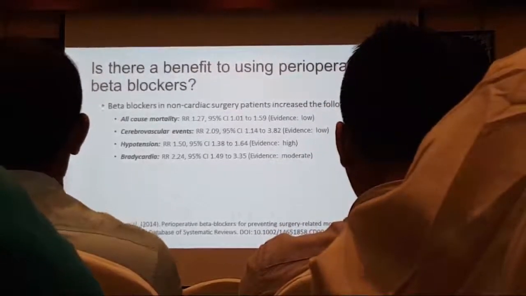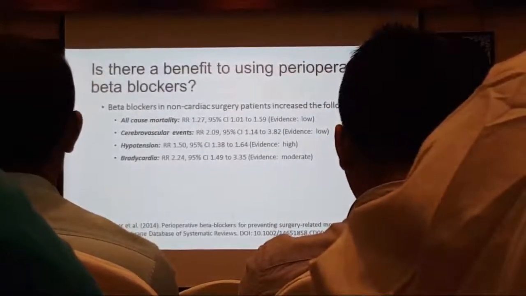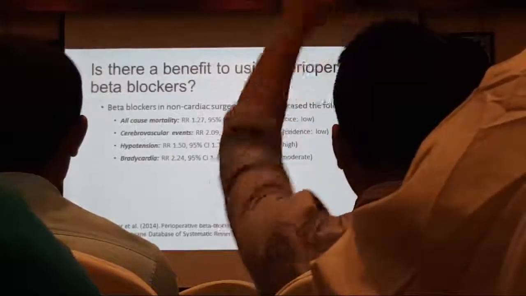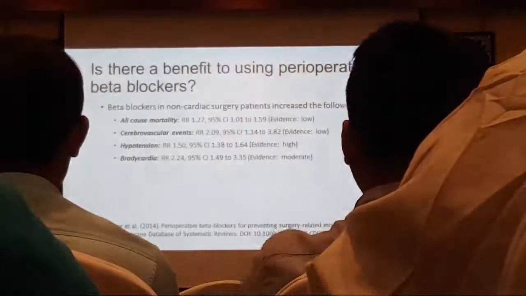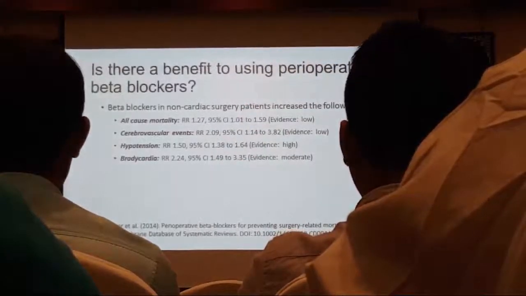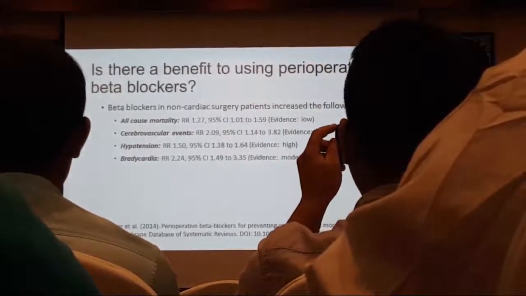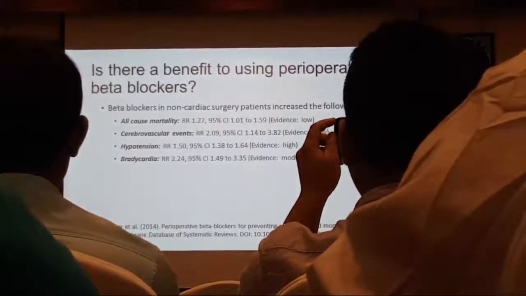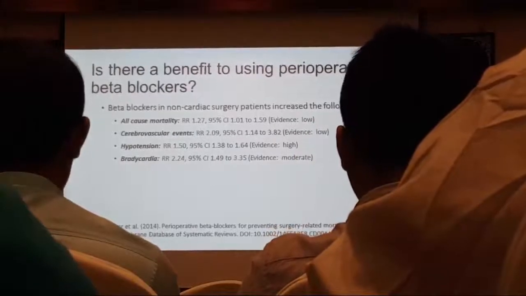So we have seen a change in our use of beta blockers. The other outcomes we've looked at, cerebrovascular events, are much stronger. We've seen stroke increase in that group, and then also, of course, hypotension and bradycardia.